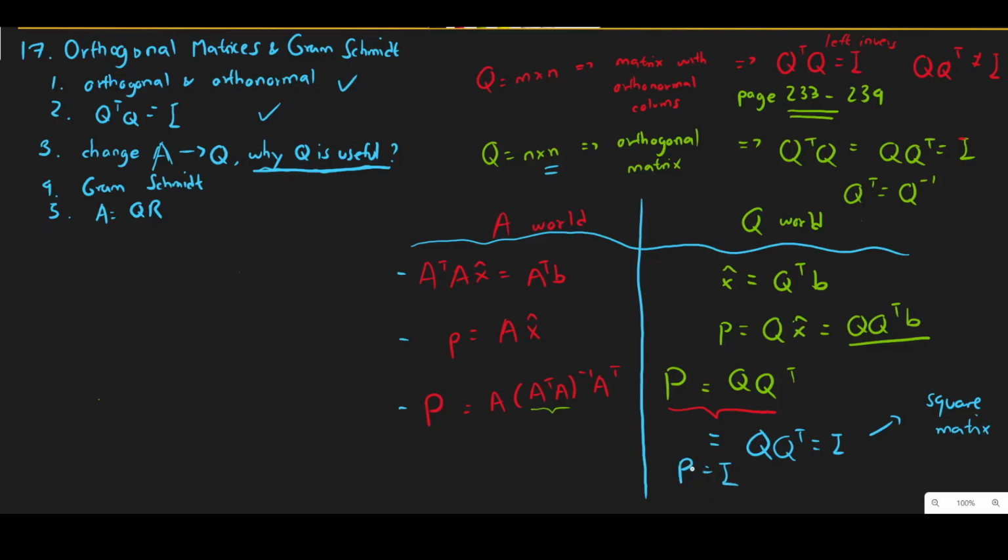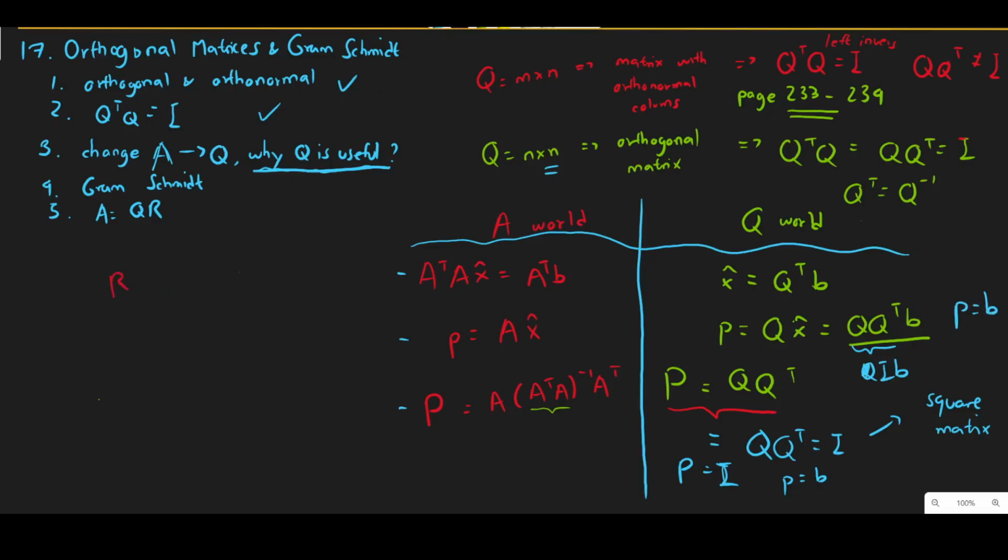And what this gives us is that the projection of B is equal to B, because we're trying to project B with the identity matrix, which will not change B at all. So P equals identity, and the projection is B. Now intuitively this really makes sense.